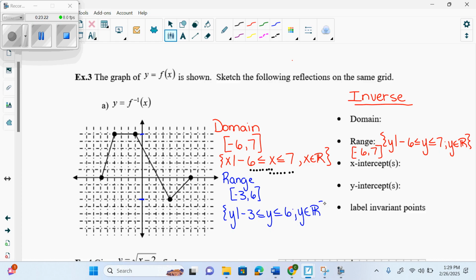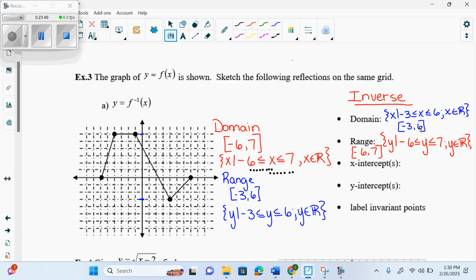So that's the range of the original, so that would be the domain of my inverse. Those y's become x's. X such that negative 3 is less than or equal to x is less than or equal to 6. X is in the reals. And then it would be from negative 3 to 6.